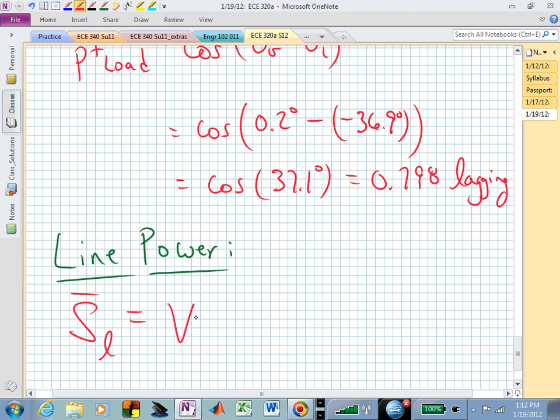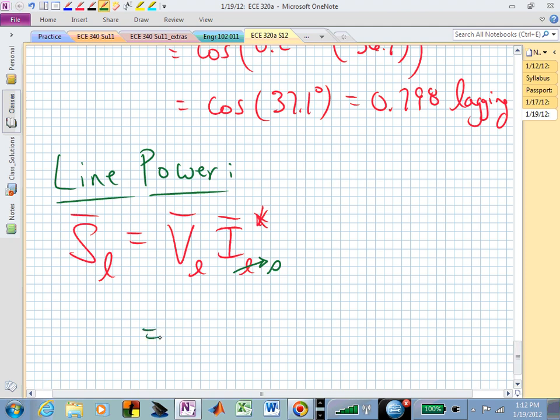In this case, we have V sub L, I sub L bar star, but I sub L is the same current that we've had all along. That's the I sub S bar, and we need to conjugate it. And anticipating what we're going to do in a little bit, I could just rewrite that V sub L as 2 plus J1 times I sub S bar, times I sub S bar star.